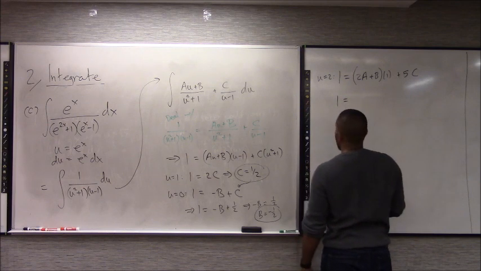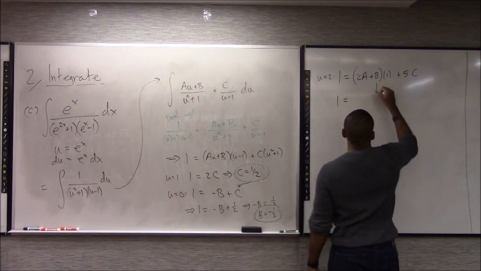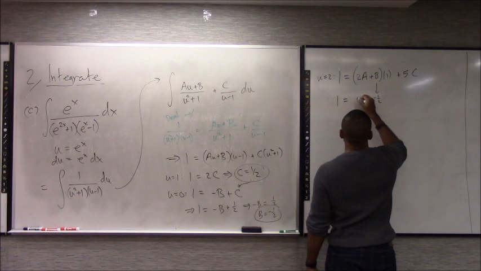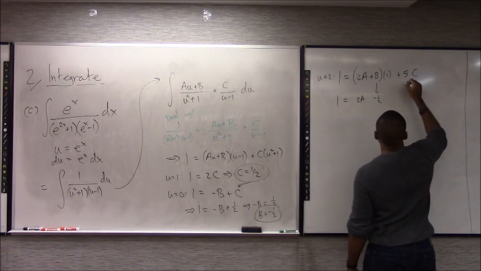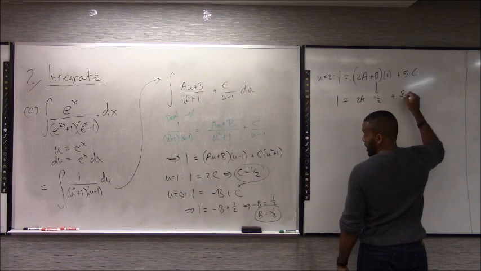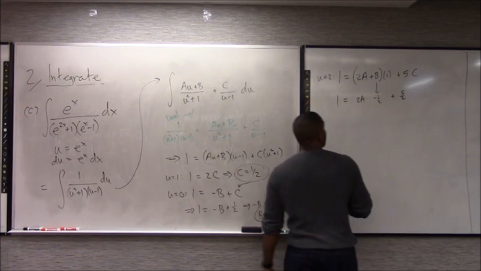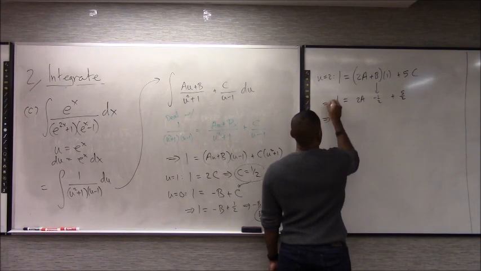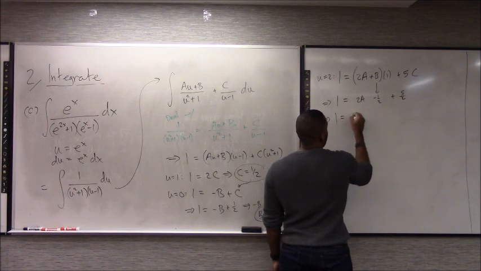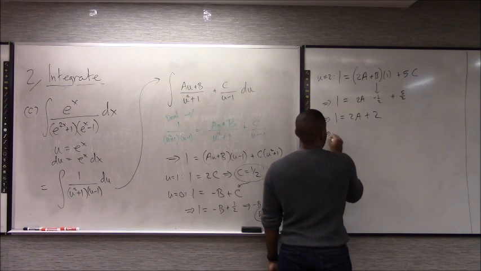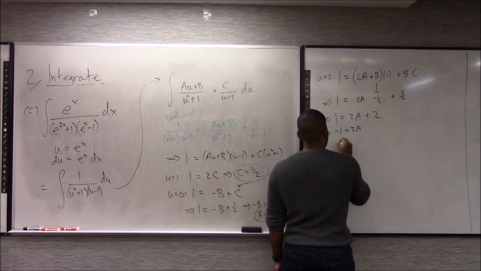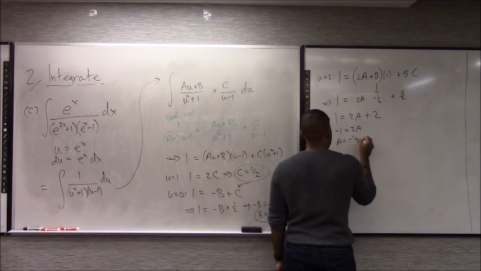But I actually know what the b is, minus 1/2, and I know what the c is, 1/2. So this becomes 5 over 2. So this gives us 1 equals 2a plus 2. This means that moving that over, I get minus 1 equals 2a, or a equals minus 1/2.